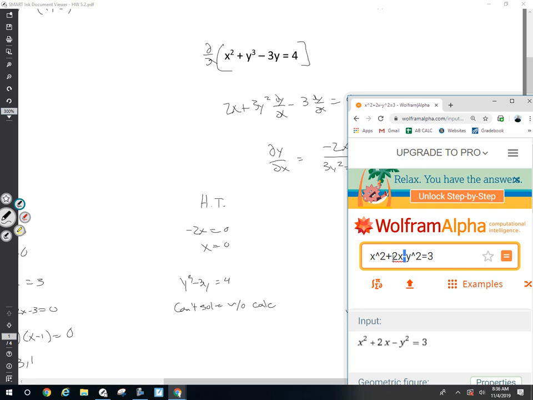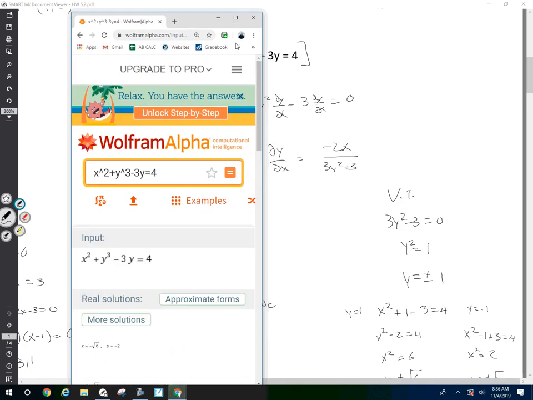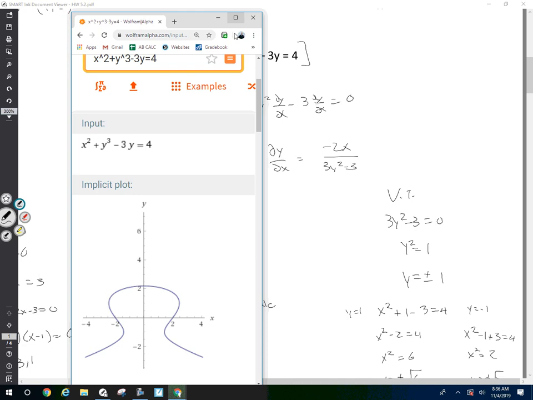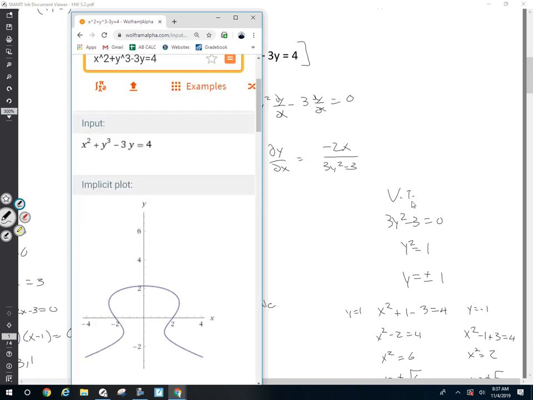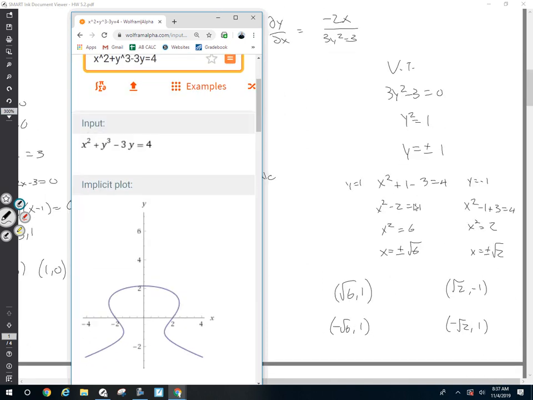X squared plus y cubed minus 3y equals 4. What? Look at that. 1, 2, 3, 4 locations of vertical tangents.